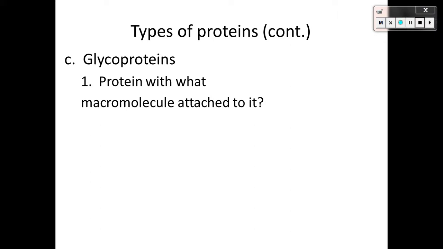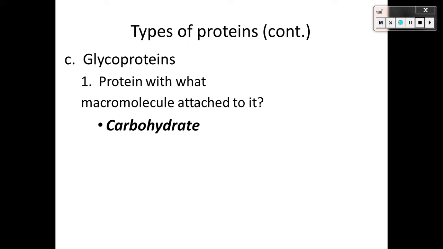So what macromolecule is glucose or glycogen? Well, if you'll recall, glucose and glycogen belong to the family of carbohydrates, right? So, in essence, we have a carbohydrate that is attached to a protein. And we call this a glycoprotein.